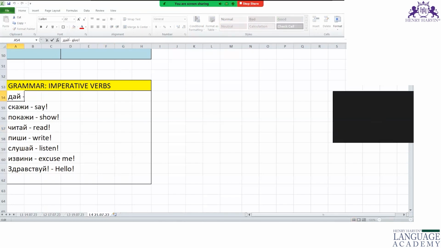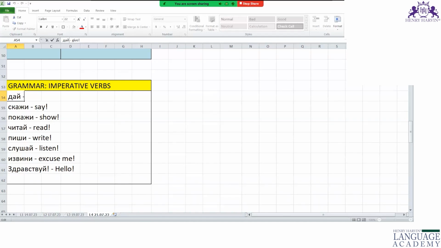So дай is informal. Дайте is give me please already. Скажи is informal. How to make it formal? Скажите. And if you want to be even more polite, you can say скажите, пожалуйста.